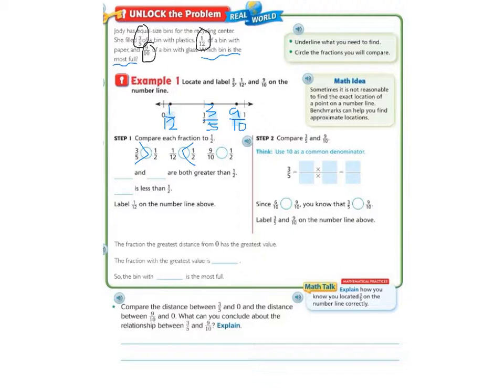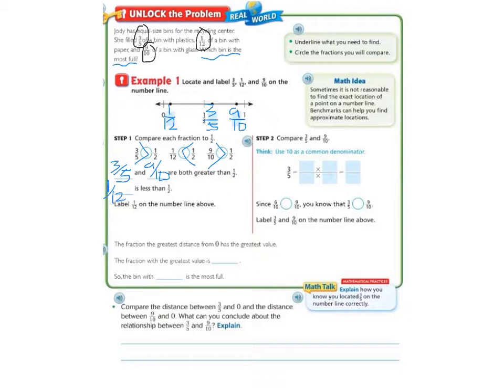And 9/10 was almost 1 whole number, so it is more than half. So since we know that 3/5 and 9/10 are both greater than half, and we know that 1/12 is less than half, that helps us label them where they go.